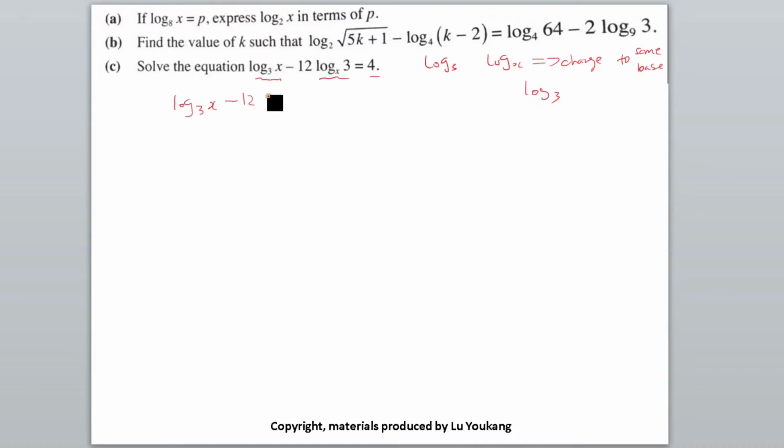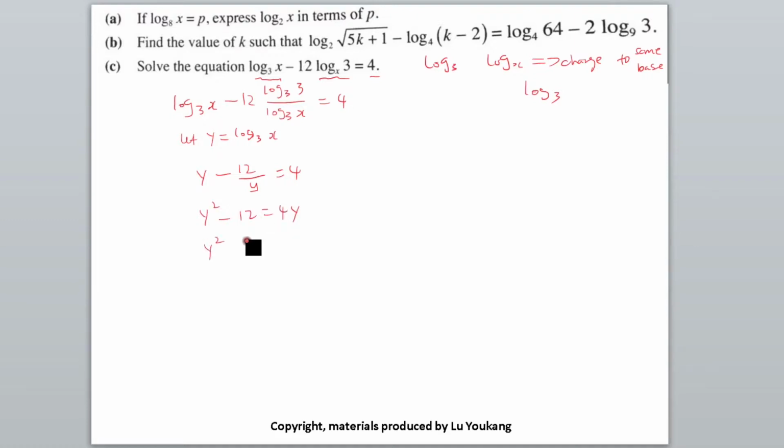So log 3x minus 12. So now I have changed my log x3 to log 3 over log 3x equals to 4. Therefore, I can let y equals to my log 3x, and I can simplify this equation further.